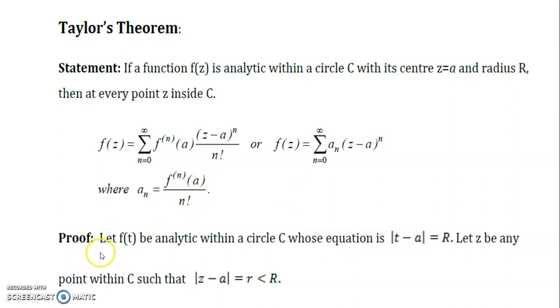Now let us see the proof of this. Let f(t) be analytic within a circle C, whose equation is modulus of t minus a equal to r.